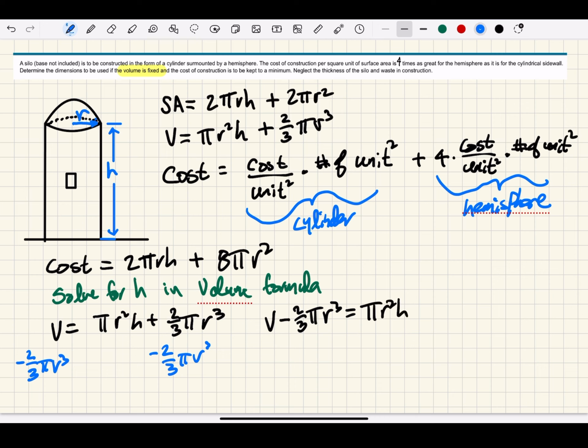Now we can divide both sides by pi r squared, and we will wind up with a formula for the height that is V over pi r squared minus 2/3 r.